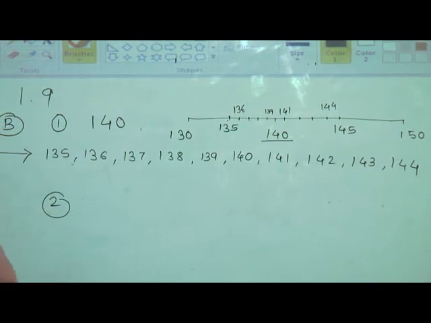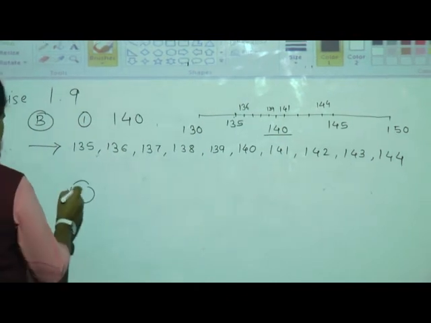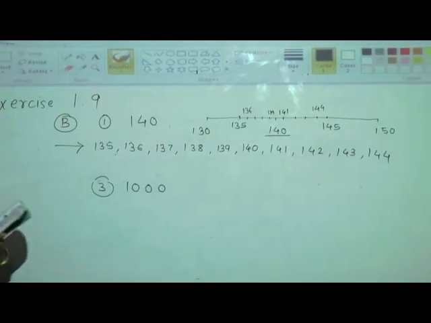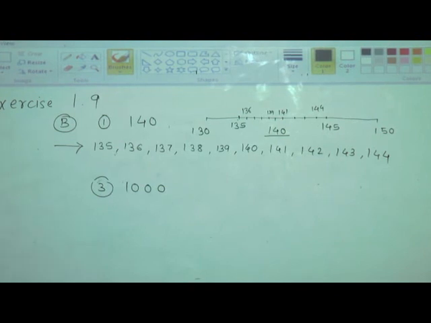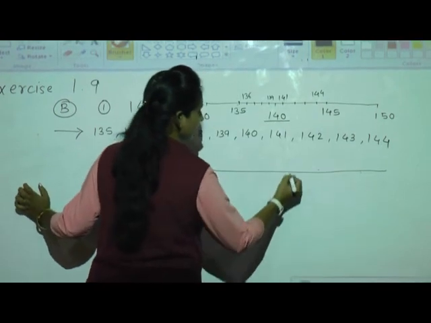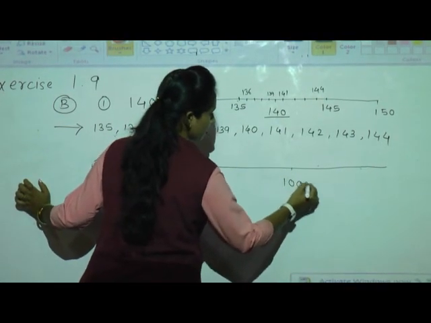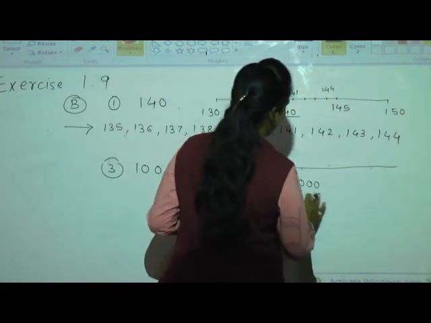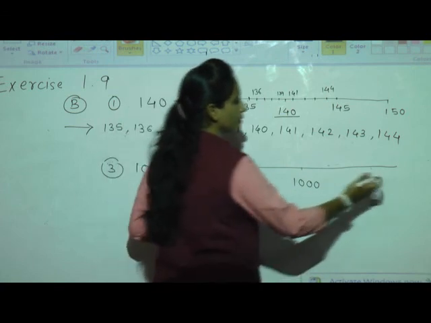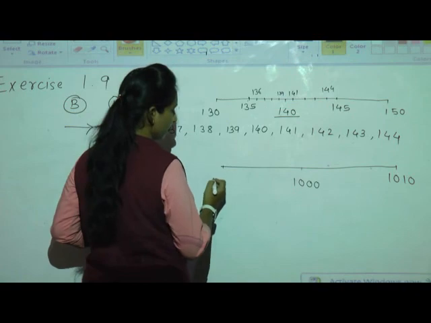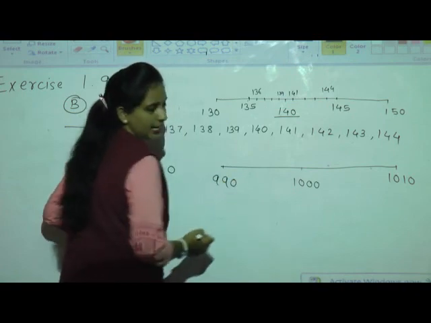Got it? Let me explain one more example. We will take the third one. Third one is 1000. 1000 they had given. I will write here 1000. Now we are doing the tens place. So after 1000 what will come? 1010, and before 1000, 990.